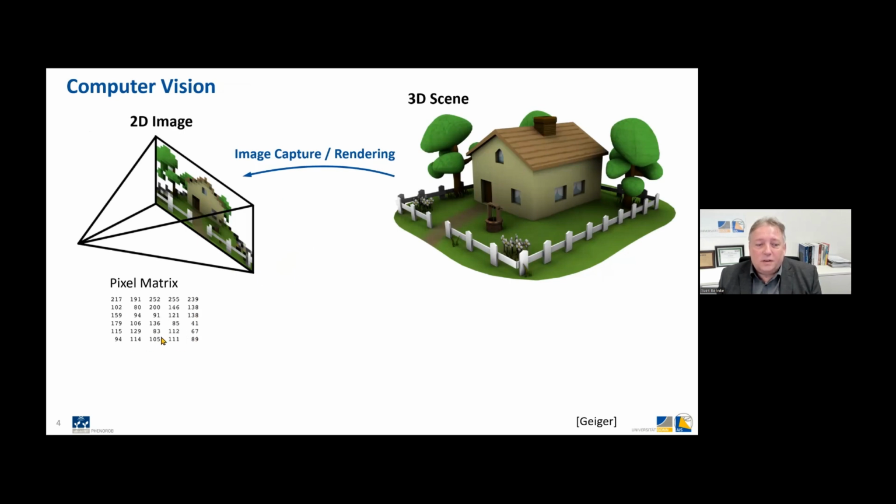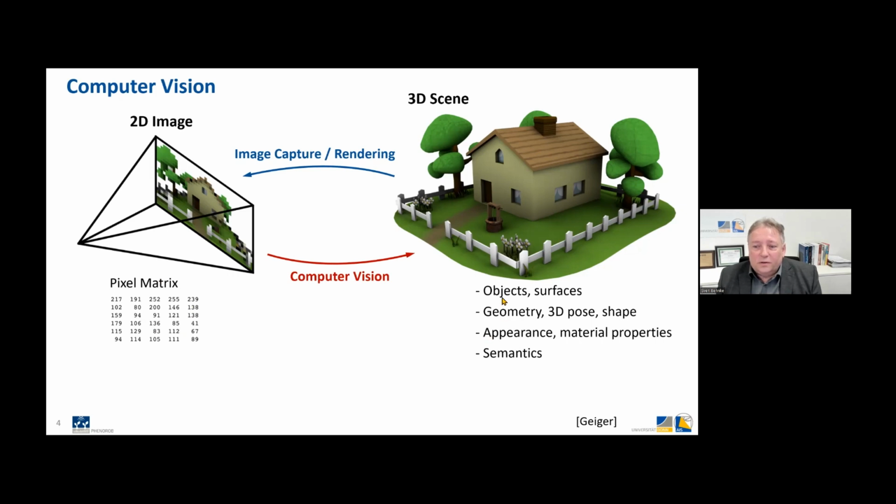If you look at these numbers, they don't mean much. And the task of computer vision now is to make sense of these numbers, to guess from these numbers how the world looks like. What kind of objects we have there, what kind of surfaces, what is the geometry, the 3D pose or shape of things, what is the appearance of things or material properties, and maybe also a semantic understanding of the scene.